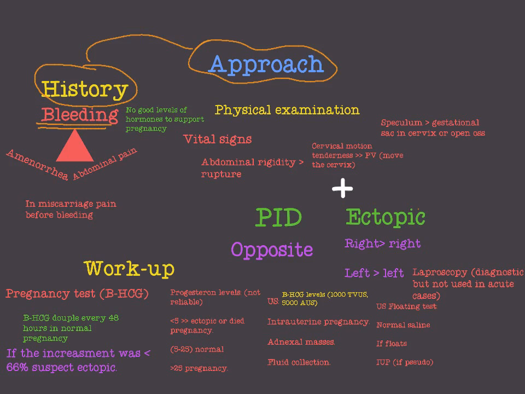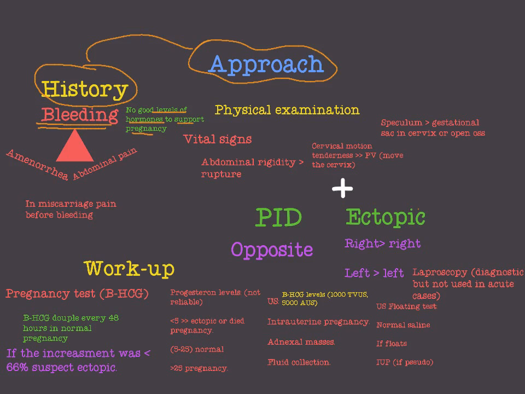And the cause of bleeding is that in ectopic pregnancy we don't have as big a sac. We don't have a sac big enough to secrete hormone levels that are enough to support pregnancy.